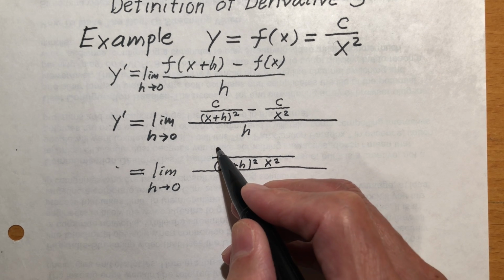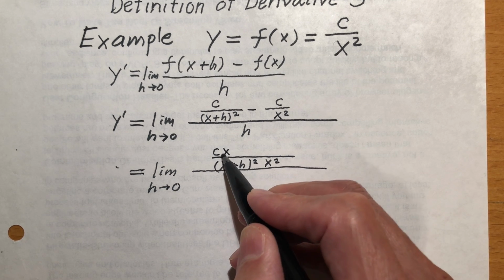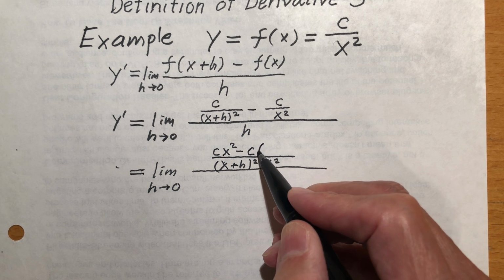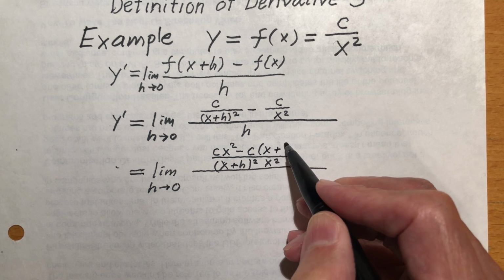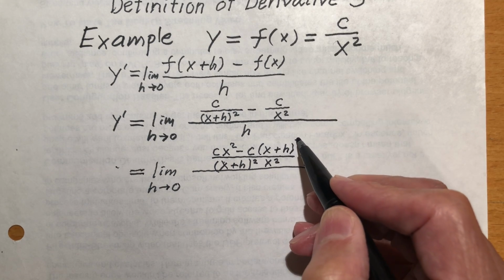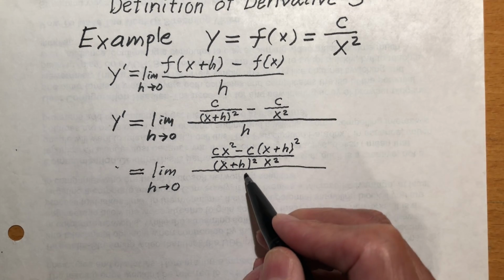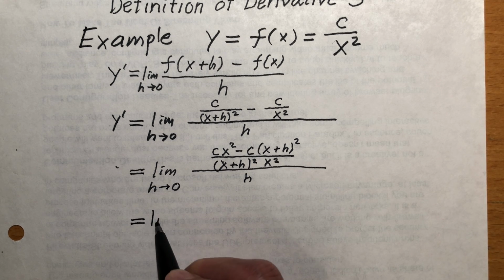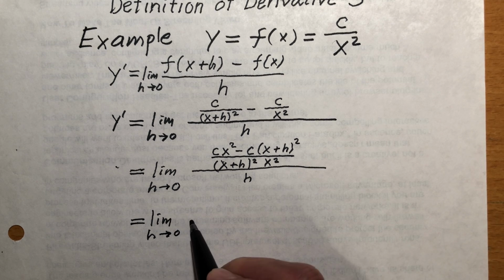Then I have c x squared minus c times x plus h squared, divided by h, limit h goes to 0.